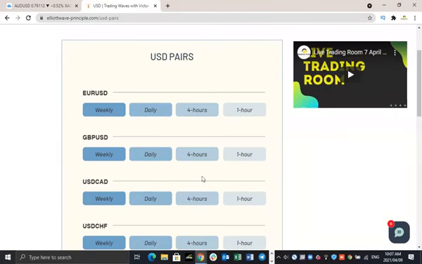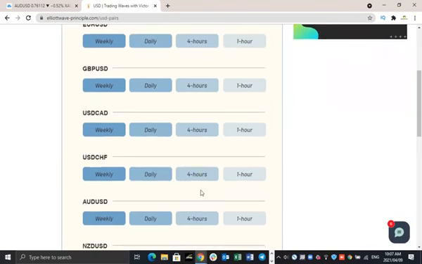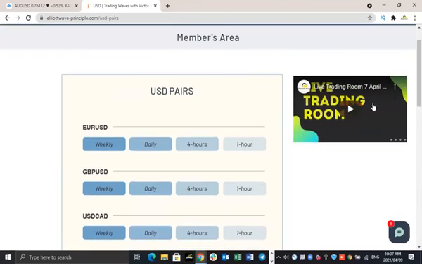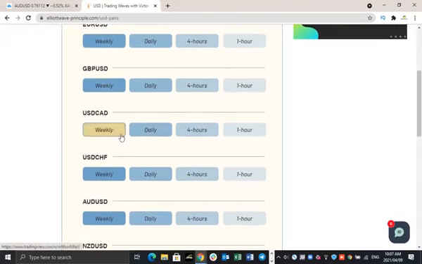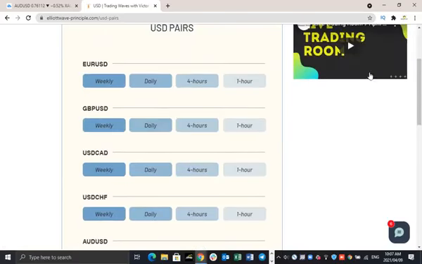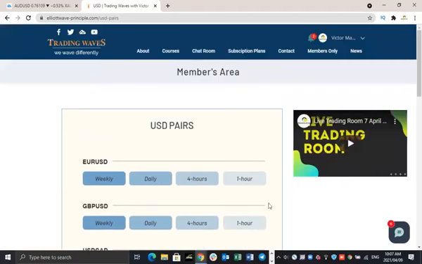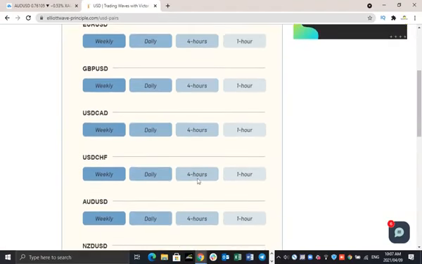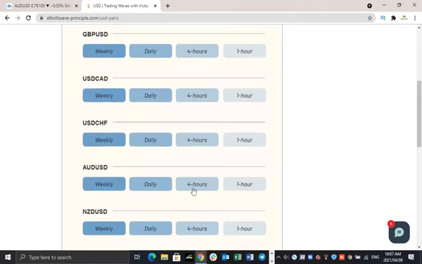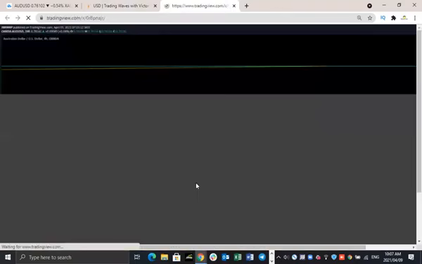So when you come to these pairs here, there's also a video detailing what we're expecting as a view. So these are the charts in image form, and this is the video explaining what we are looking at on the charts. Right, so we had this Aussie US dollar trade setup, and it is based on this.